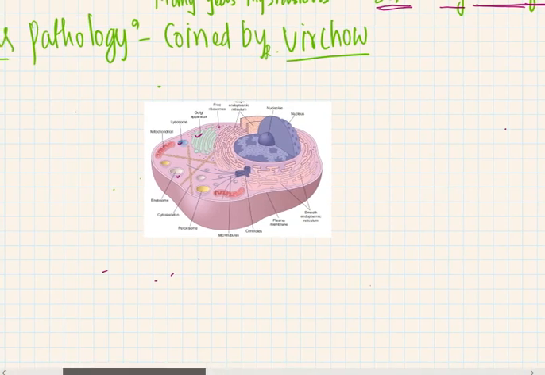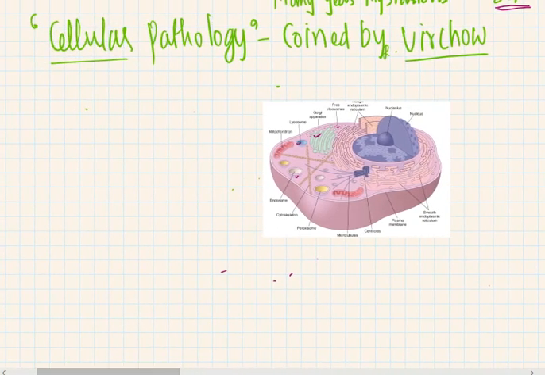So who coined this term cellular pathology? Our great pathologist Rudolf Virchow. Rudolf Virchow coined the term. This can be an MCQ, guys. At this level we are going to study today. So let's start.